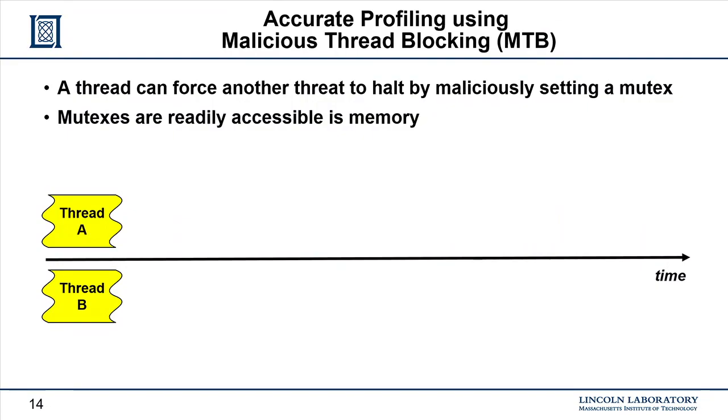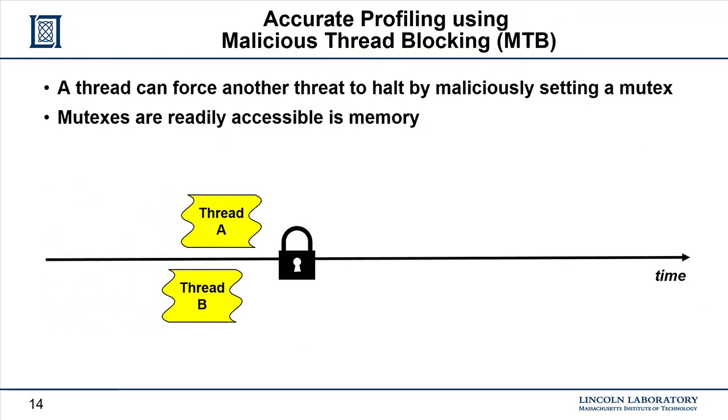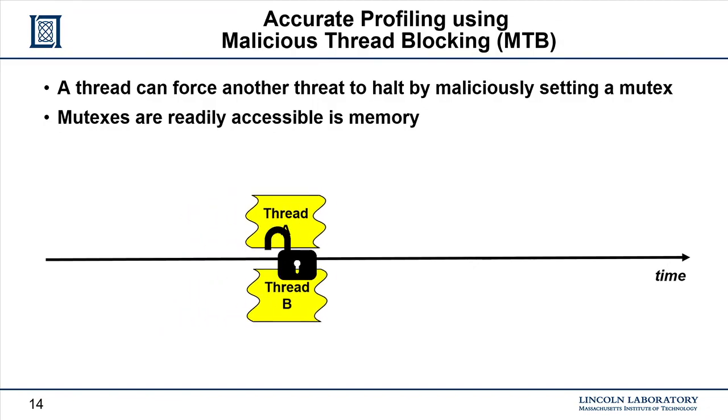In this case, assume that we have two threads in the application. Normally these two threads execute, and maybe you have a mutex that thread A sets to lock the application. Thread B waits there until the mutex is released. After it is released, they both proceed execution.